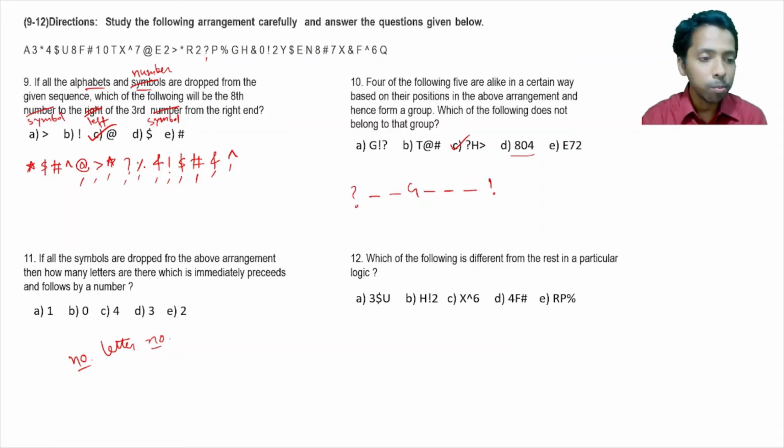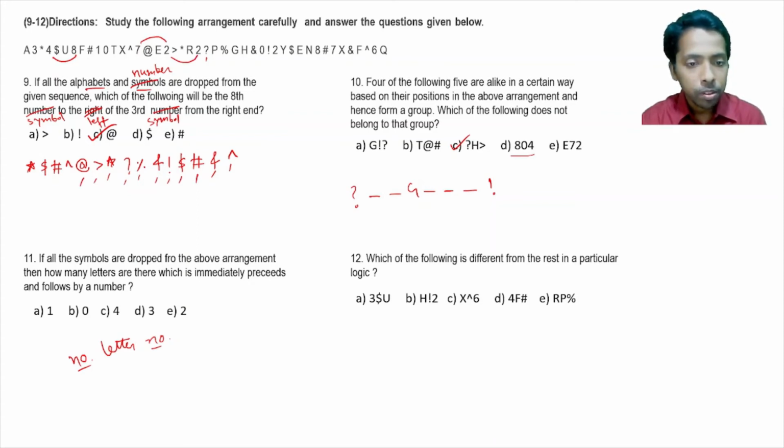Okay, if all the symbols are dropped, right? So all the symbols are dropped. This can be 4U8, right? This is 0, not possible. A3, right? This can be. Symbols are dropped, so 7E2, this is 1. Symbols are dropped, so 2R2, this can be, right?